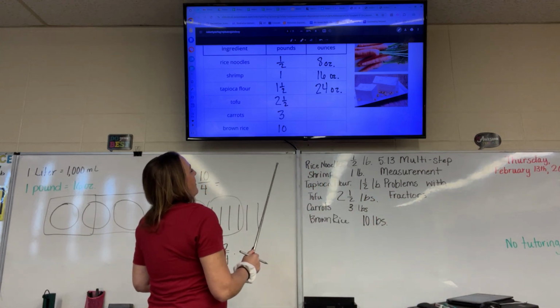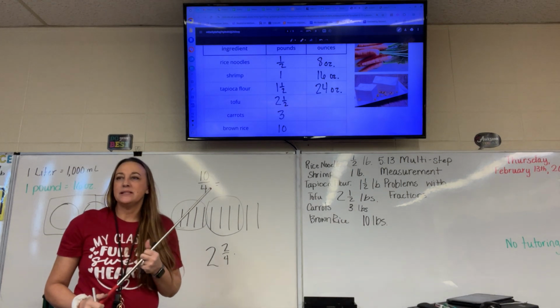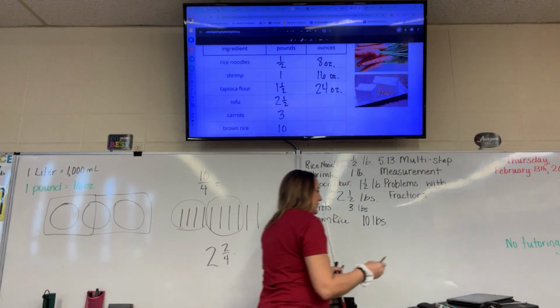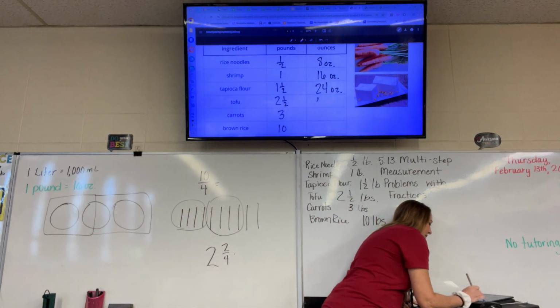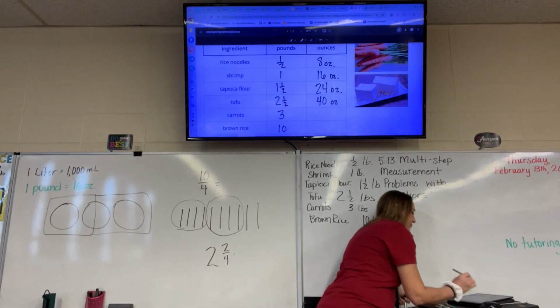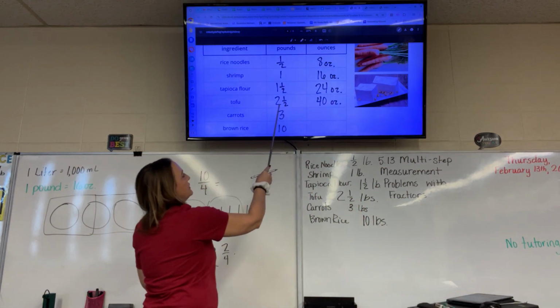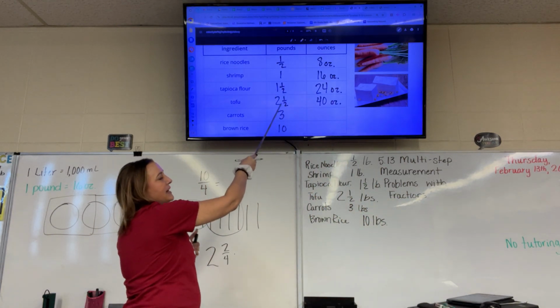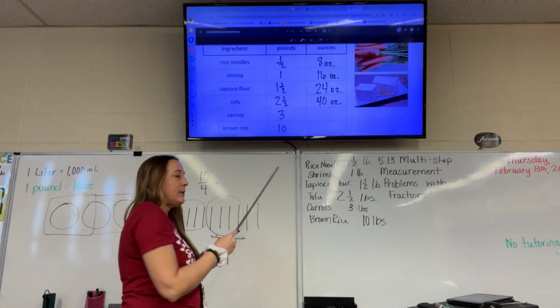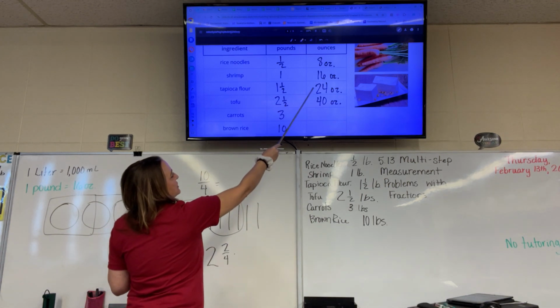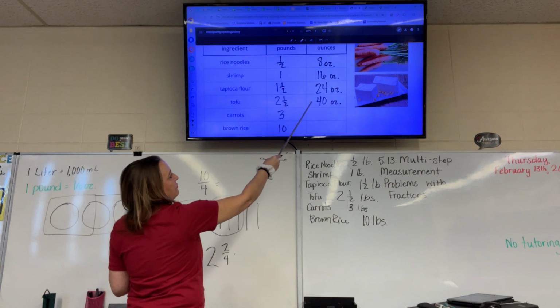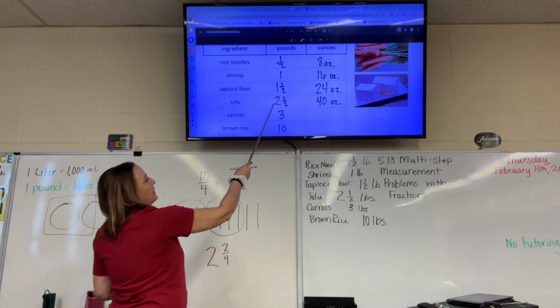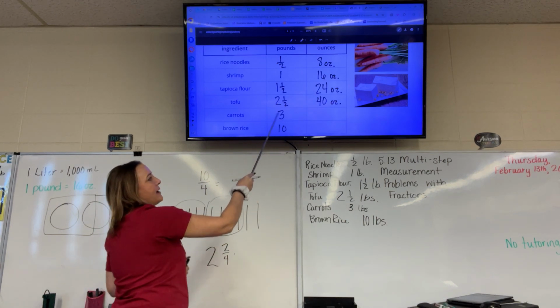2.5 then would be what? Hazel? 40, because we just add another 16. So if you think about what's the difference between 1.5 and 2.5 pounds, it's an extra 1 pound. 1 pound is 16 ounces, so we just add 16 to 24 to get 40. Now what do you do to 2.5 to make it 3?